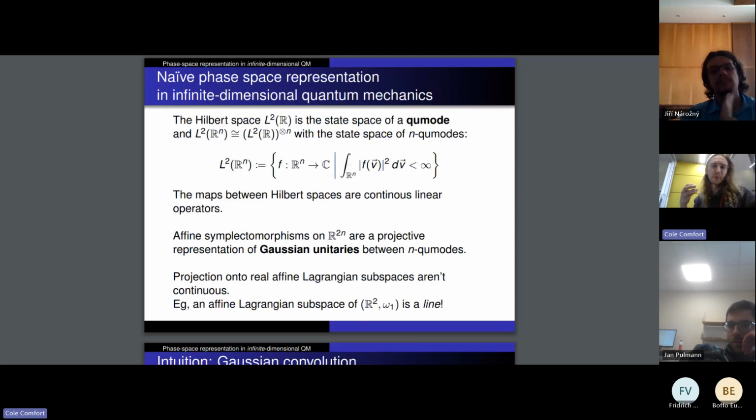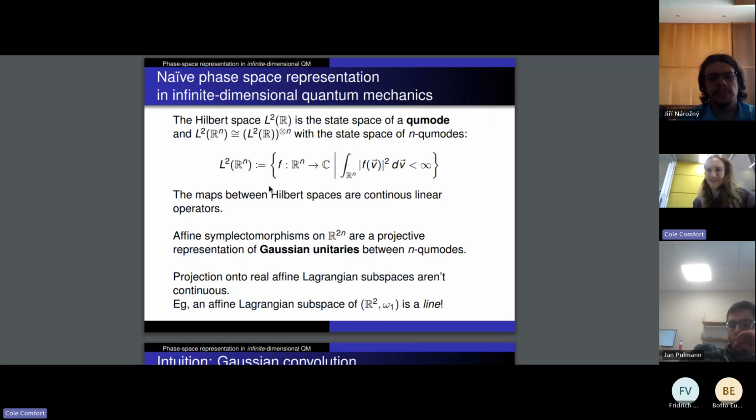Particularly, what I mean is you work with a category of Hilbert spaces. So now the objects are in a subcategory of separable Hilbert spaces, where the objects are Hilbert spaces of square integrable functions on Rn.